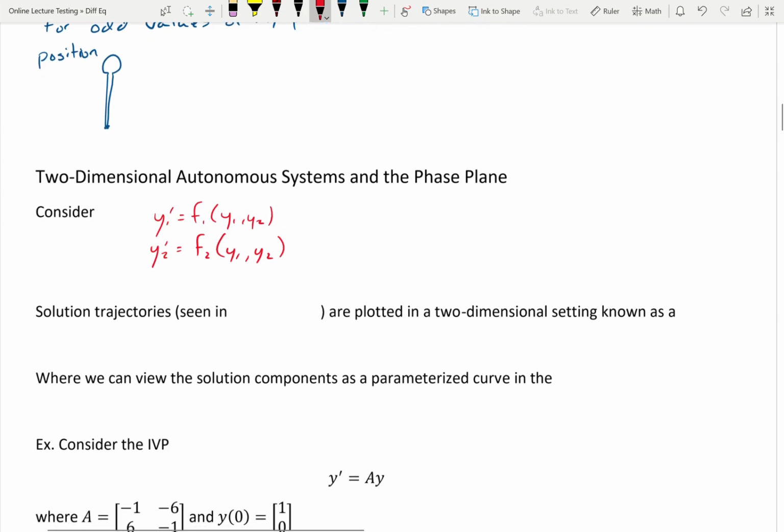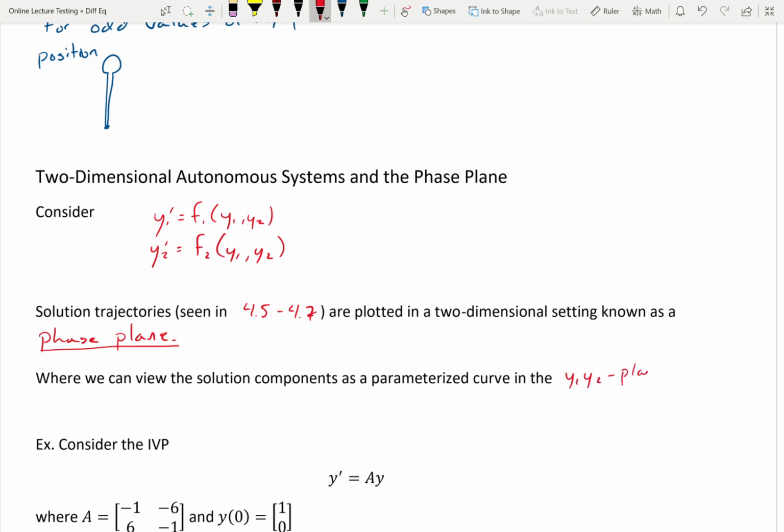So solution trajectories, which we have seen before in sections 4.5 through 4.7, most specifically 4.7, are plotted in a two-dimensional setting known as a phase plane. All right, where in this particular phase plane we can view the solution components as a parameterized curve in the y1, y2 plane.